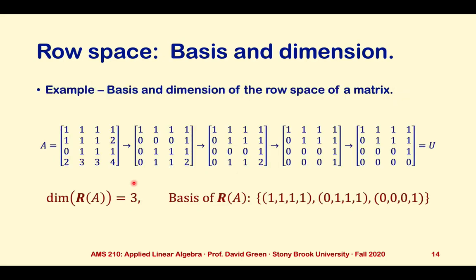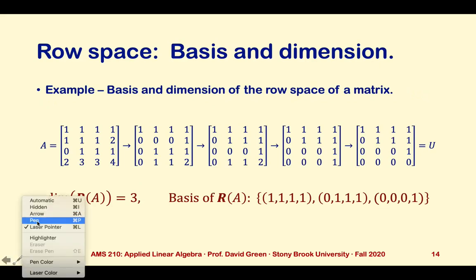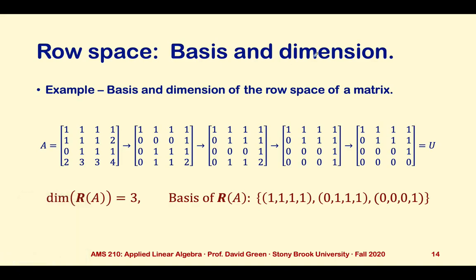Let's work through a couple of examples. First of all, a straightforward one, computing the basis and dimension for the row space of a matrix. We were given a matrix A here. This is a 4 by 4 matrix. We want to find the dimension of the row space and a basis for it.